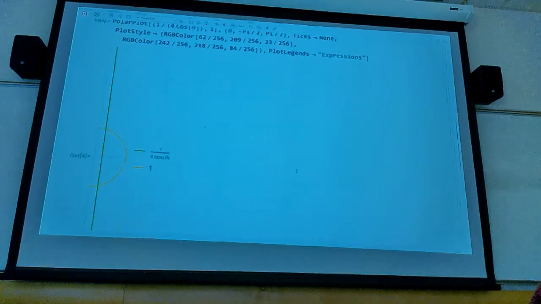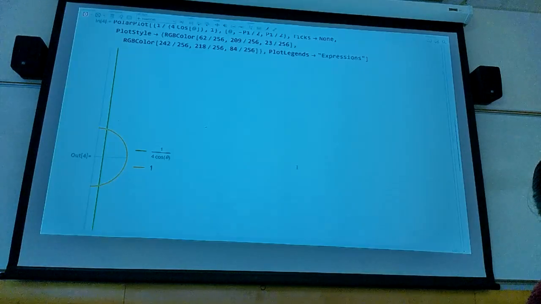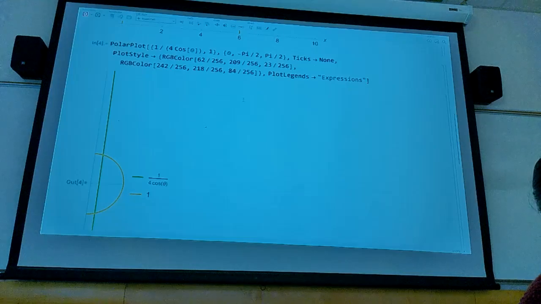Not the color that should have been. That's better.